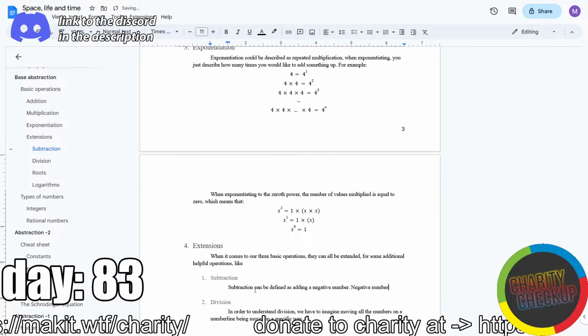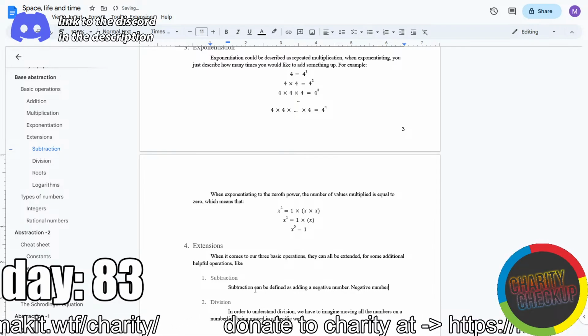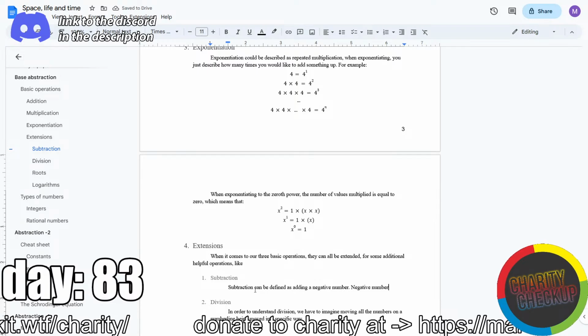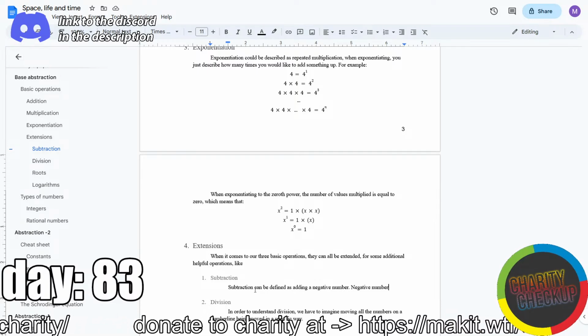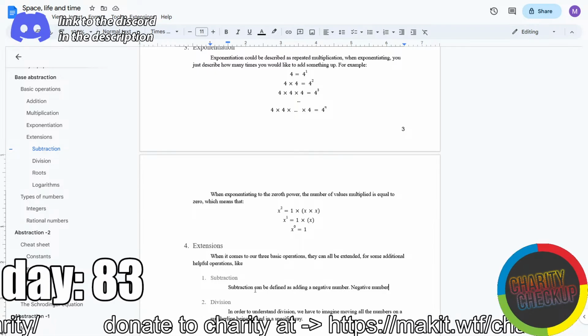Well, negative numbers kind of are defined by subtraction, and subtraction is kind of defined by negative numbers.